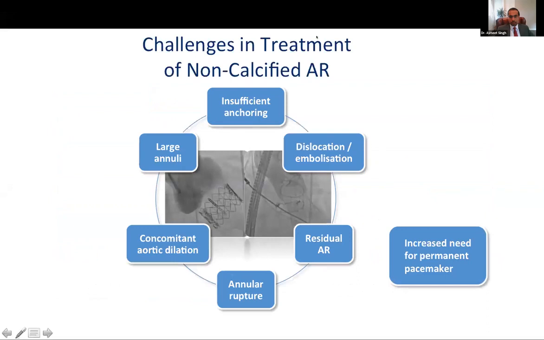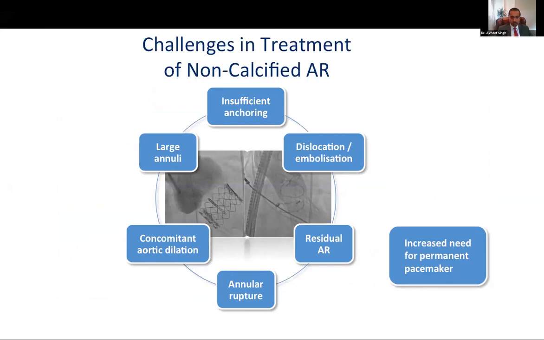So what are the challenges in treatment of non-calcified aortic regurgitation? Number one is they probably have large annuli. Recently I had a patient with a large annulus, and we thought maybe surgery was the best therapy, or we would leave it alone.